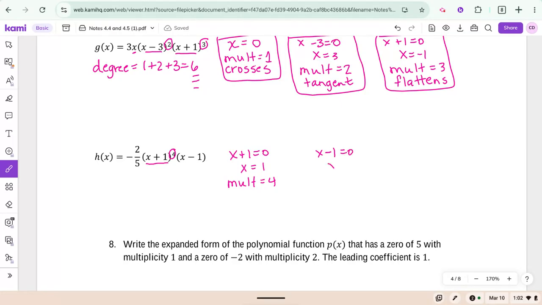Set that equal to 0 and solve. Whoops, this first one should have been a -1. This one only has a multiplicity of 1. When there is no exponent, we understand it to be 1. And 4 plus 1 is 5, so this is a degree 5 polynomial. Since it's odd degreed, I'm going to expect the ends to do different things.